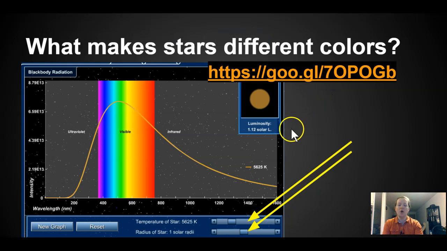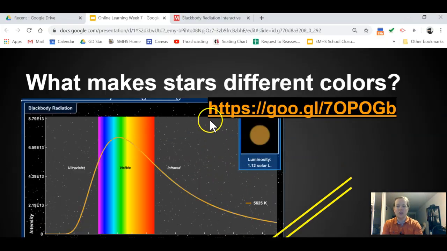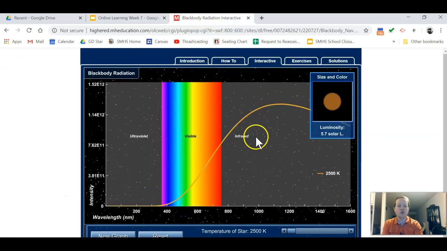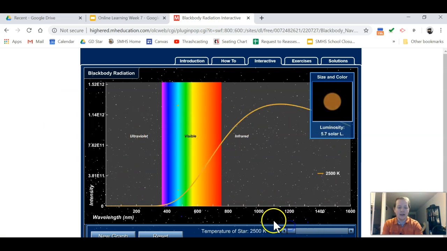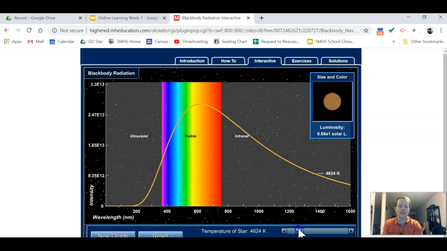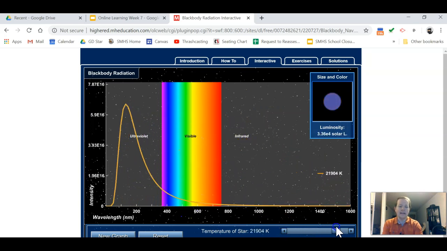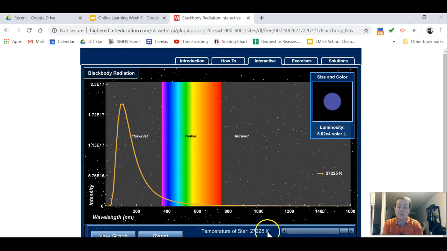Now, if I go back to my animation, how was I changing the color of the star? If you notice right here, what am I changing? It's the temperature. So I can make the temperature really hot. Look at this. Look at that, 27,000.